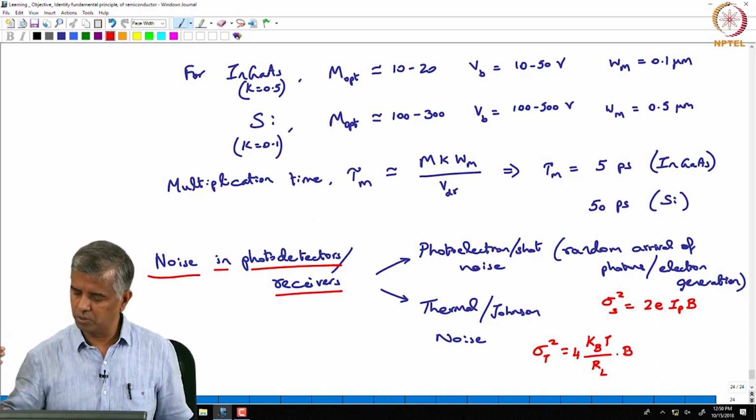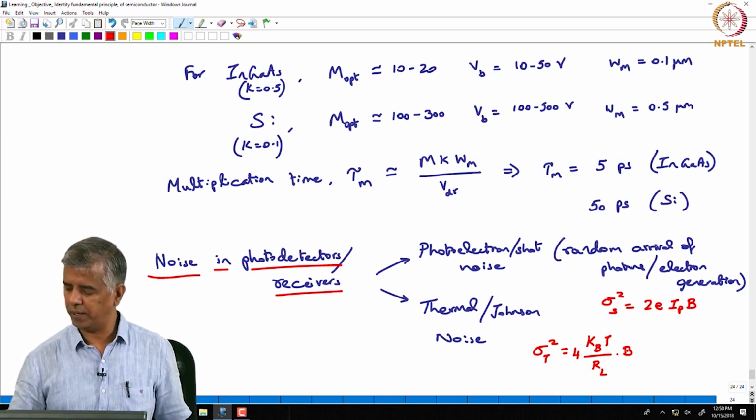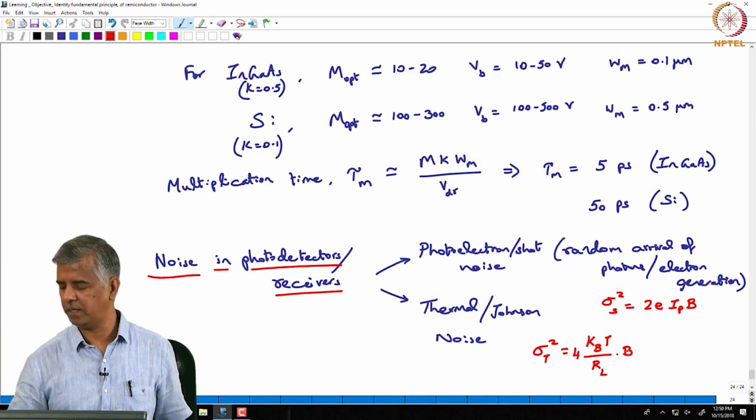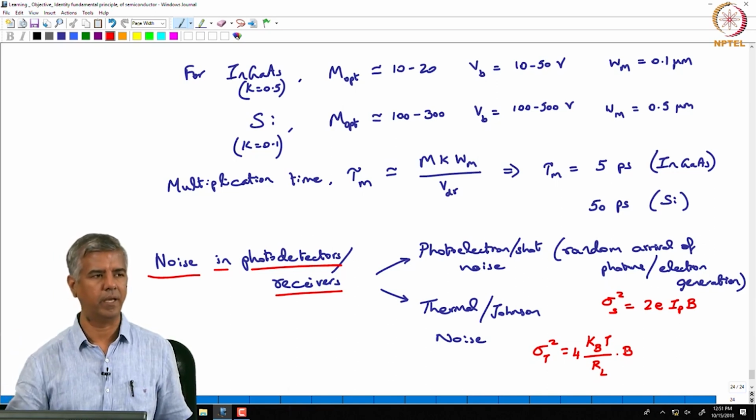What we want to proceed with is to quantify this shot noise. You can write it like this for a PIN, but for an APD it also depends on the gain of the APD.